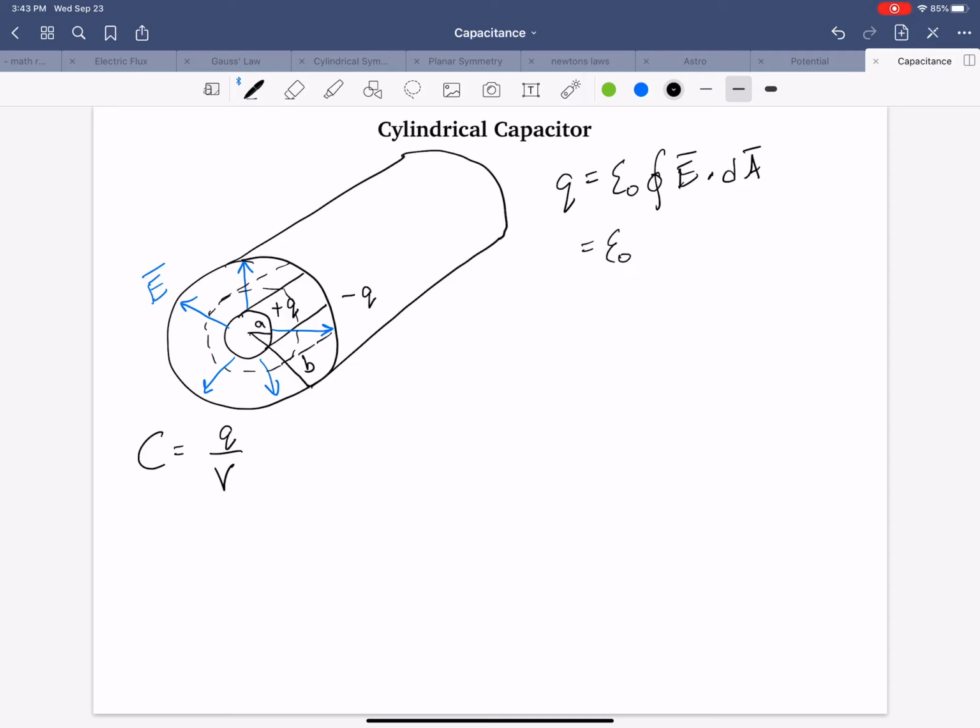Epsilon naught. Is the electric field constant for changing r? Is the electric field the same just above the central cylindrical plate as it is further away? No, it's not. The electric field drops off.